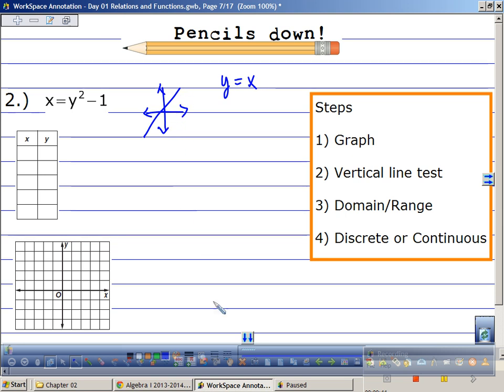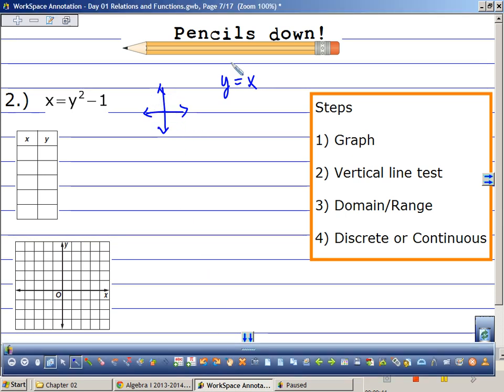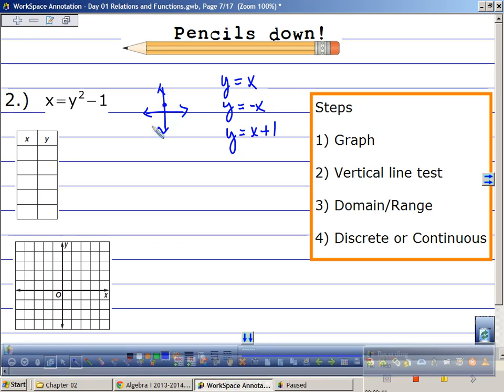Y equals negative X goes in the negative direction, negative slope, correct? Y equals X plus 1 is a regular line, straight, with not a steeper slope or a less steep slope, but shifted up 1, right?